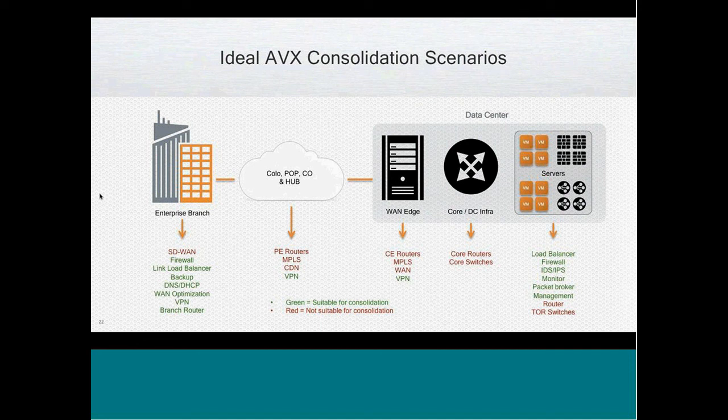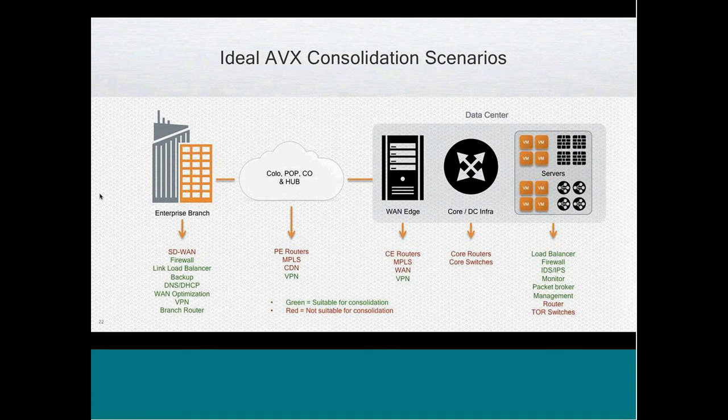Each of these locations has a set of networking functions that exist today. The ones in green color are suitable for deploying this hyperconverged platform. The networking functions in red color are not suitable. I would not recommend this at this time because it makes no sense.